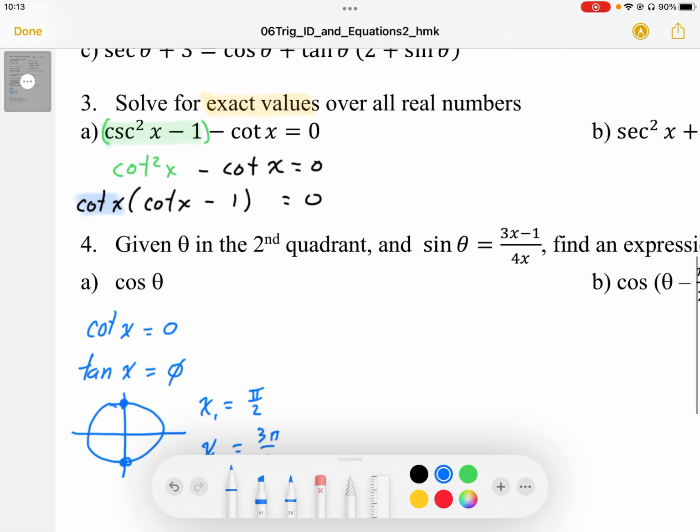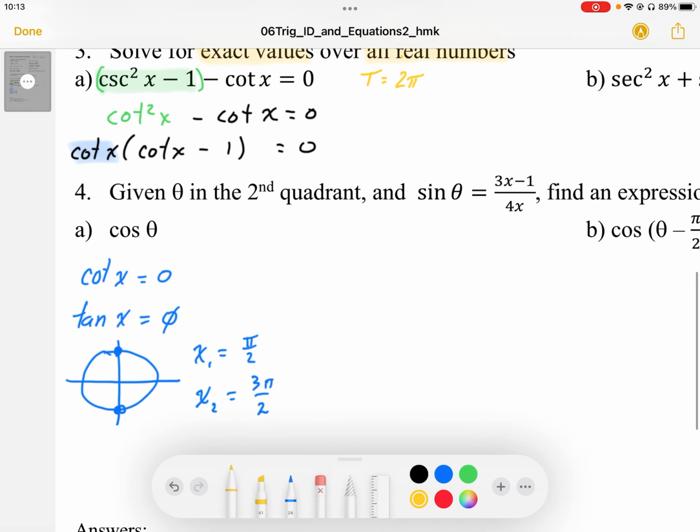Now, this question does say for all real numbers, so we need to have all the repetitions here. So when I do my repetitions over all real numbers, we need to know the period of this function. So the period of this function is going to be equal to 2 pi, okay, because we don't have horizontal compression in here.